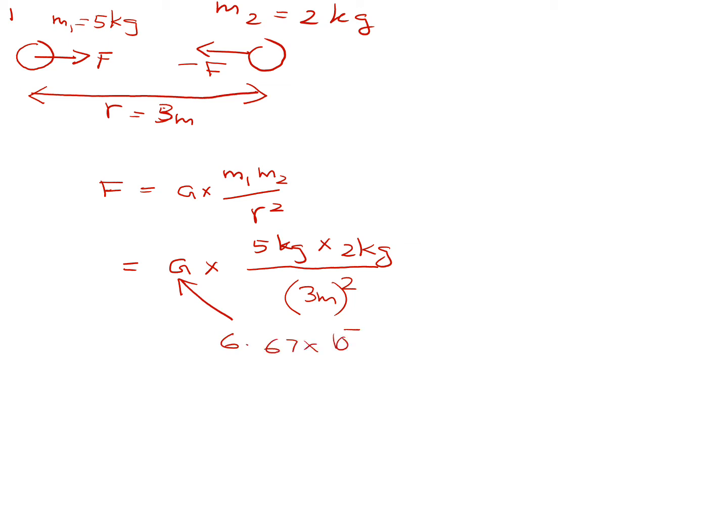You can look up the number, and then you can simplify this force. So this is the force by particle 1 on particle 2, which is the same magnitude as particle 2 on particle 1. If you want to get the direction, you can put a negative sign because it's in the opposite direction.